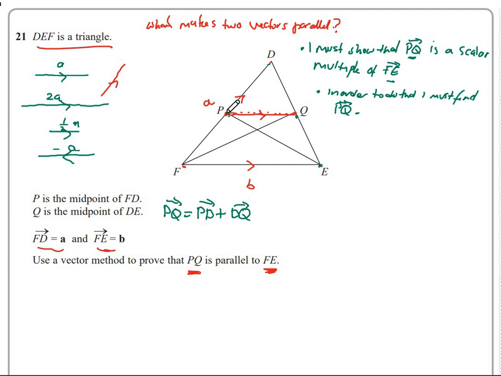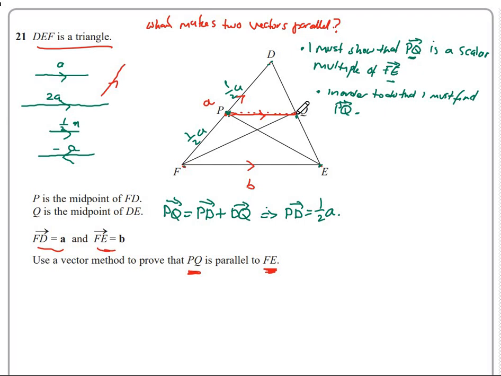Notice that this point P divides FD in half, and this whole line FD equals A, so this part must be half A and this part must be half A. So PD equals half A.